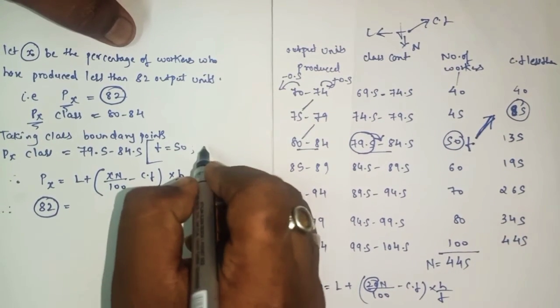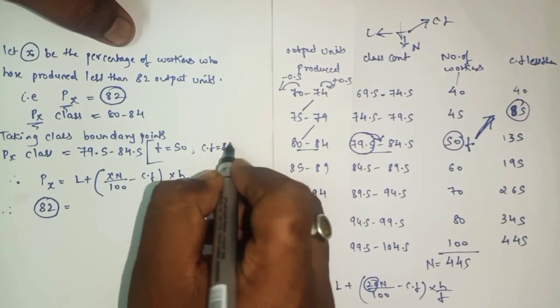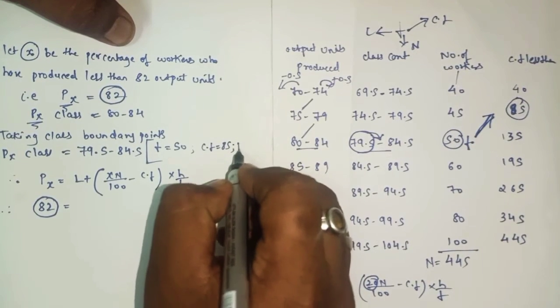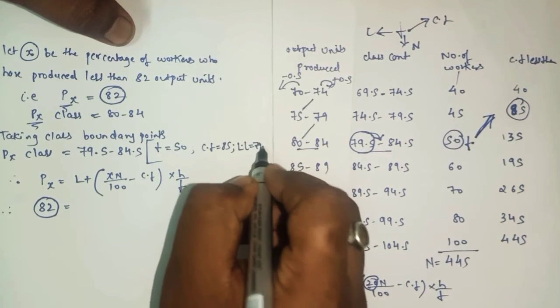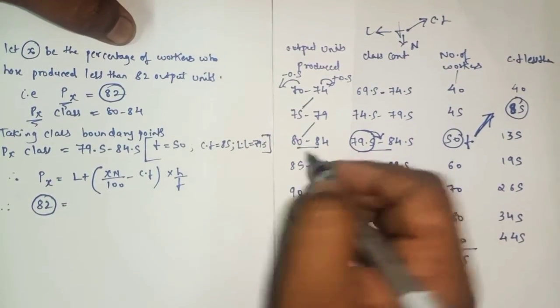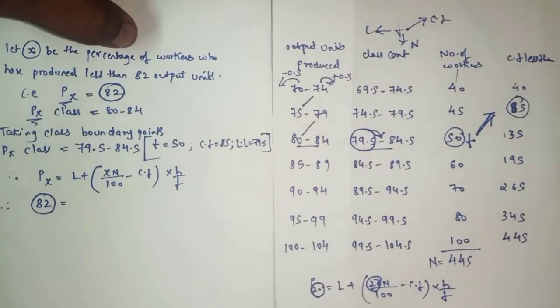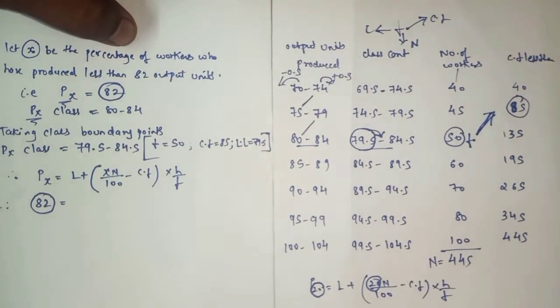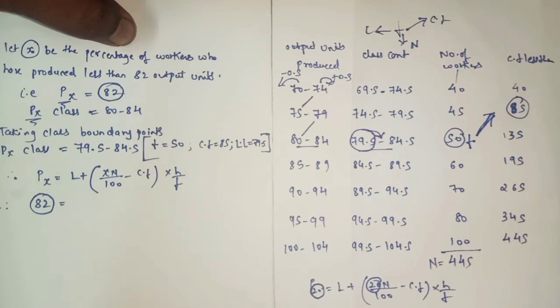CF will be 85. Lower limit will be 79.5. See to it that you take 79.5, not 80. If you consider 80, you will end up with the wrong answer, because as per the rule, without making the class continuous we cannot find any answer, whether for quartiles, percentiles, or deciles.